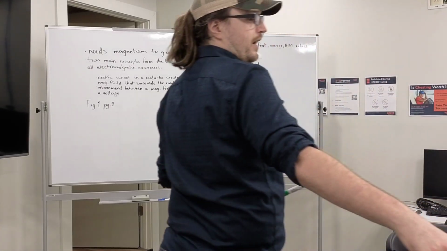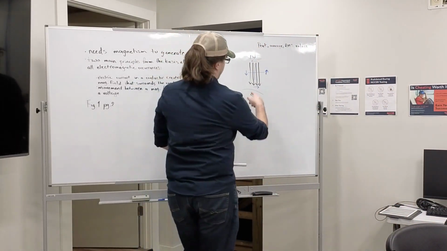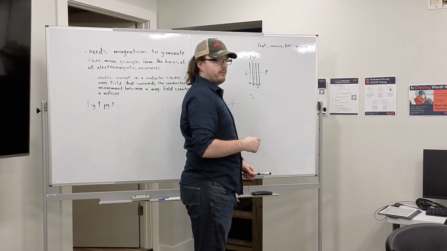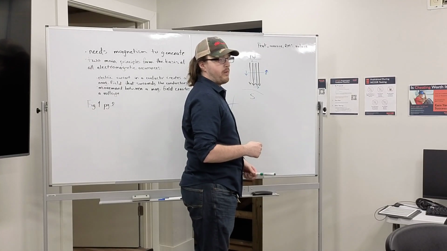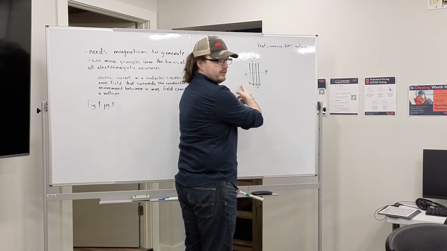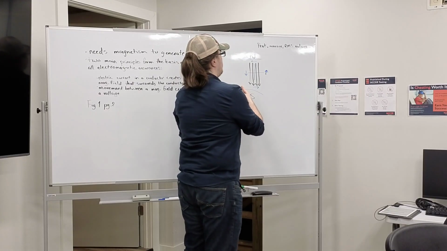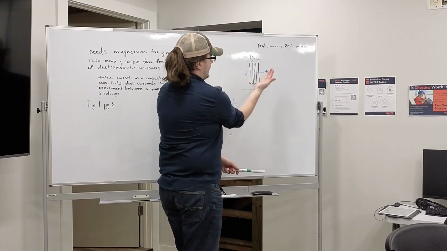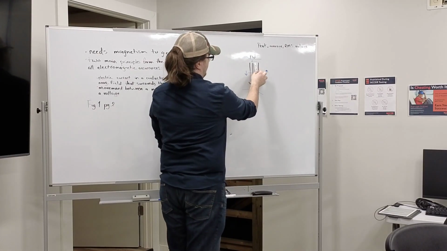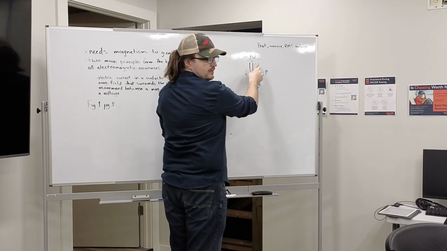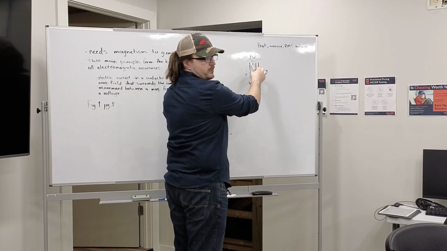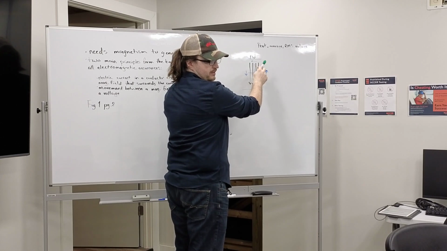Okay, so in that diagram, the blue here is the copper wire, the conductor, right? In that diagram, it's vertical. And it's spinning like this. The whole point of that conductor is to spin and generate electricity.